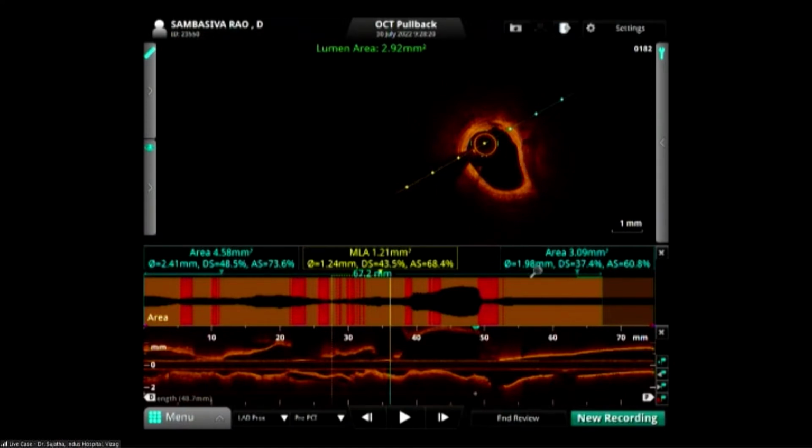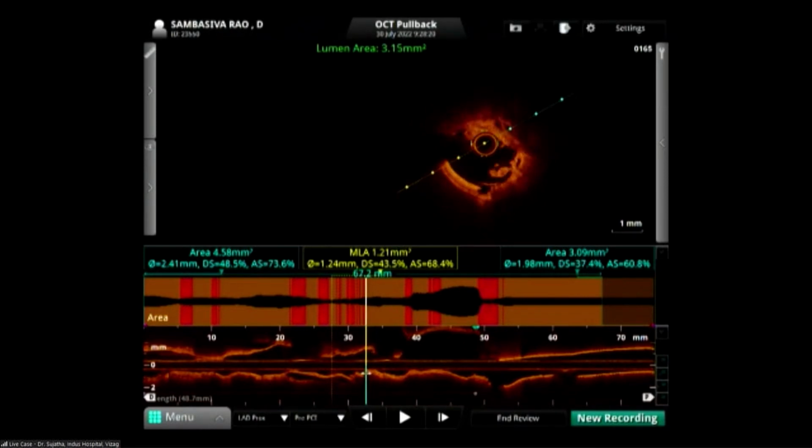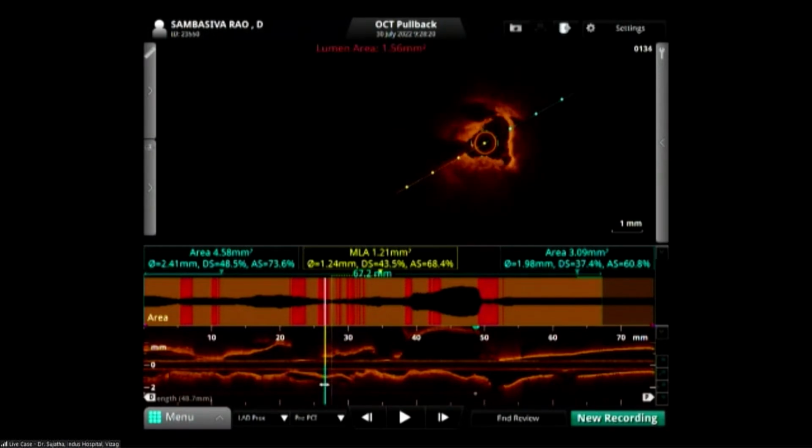Whenever you have an OCT score of 4, it means 180 degrees of calcium or greater, 0.5 millimeter thickness or more, and more than 5 millimeters length of the calcified lesion. That is 2 points for 180 degrees and more, 1 point for 0.5 millimeter thickness, 1 point for 5 millimeters in length. That indicates stent under-expansion will be much higher.